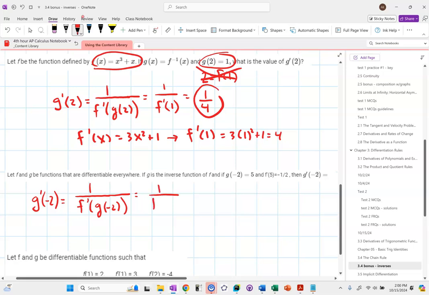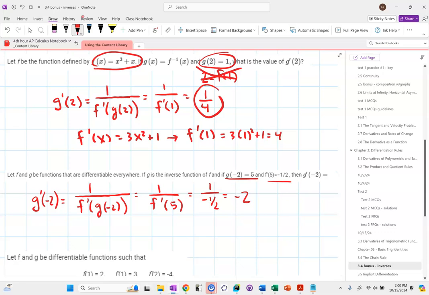So we know that g of negative 2 is 5. That's given to me there. And I know f prime of 5 is negative 1/2. So 1 over negative 1/2 is just negative 2. So far, so good? Not too bad, right, Michael?